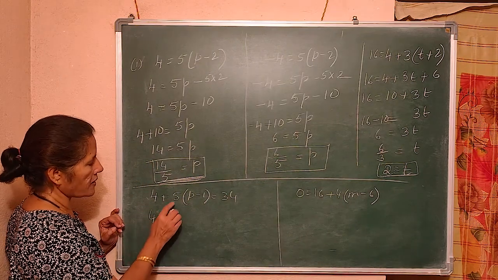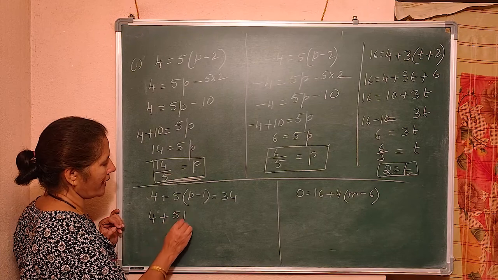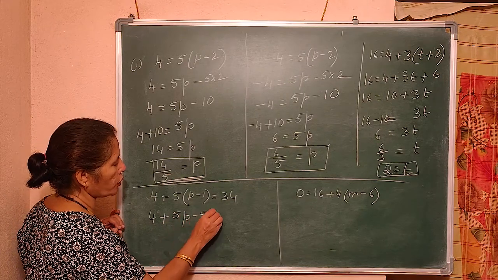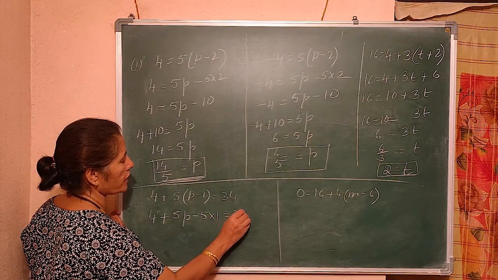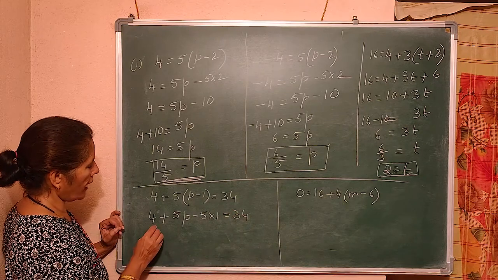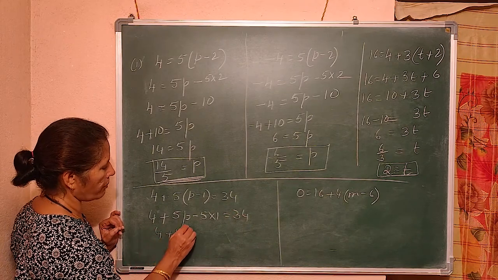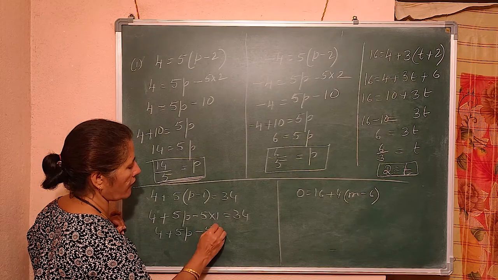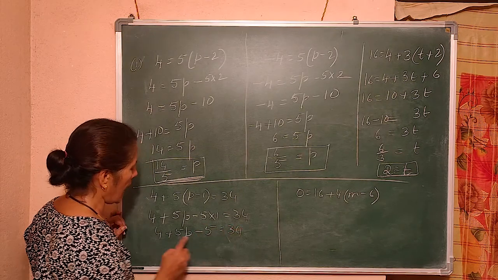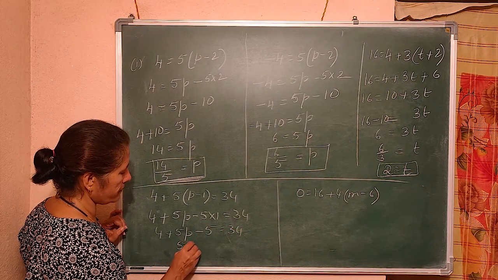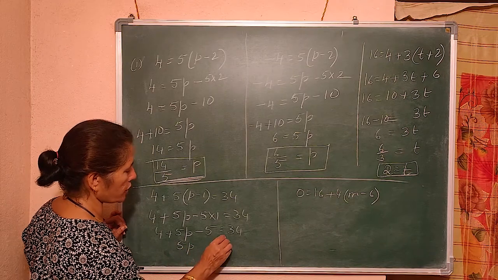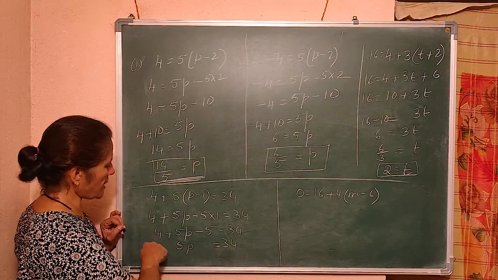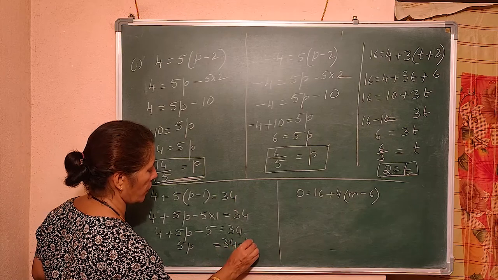4 plus 5 into p minus 1 is equal to 34. So what do you get? 4 plus 5p minus 5 is equal to 34. I want 5p to be here, is equal to 34. Plus 4 you take that side, minus 4.